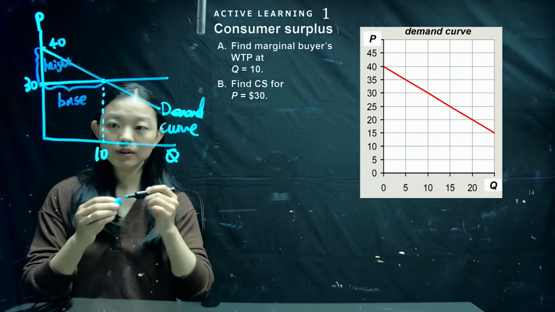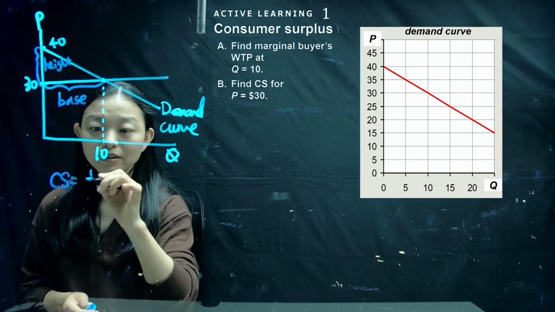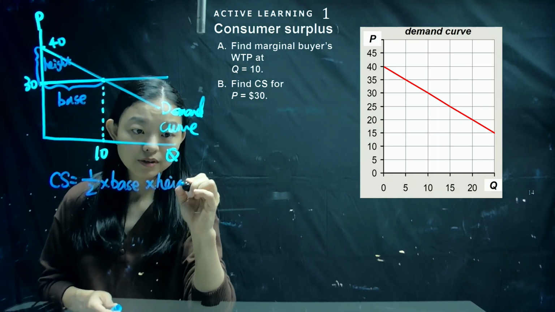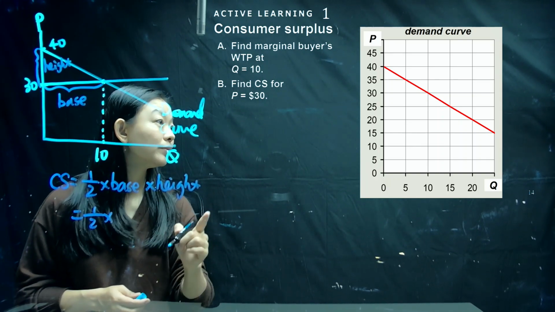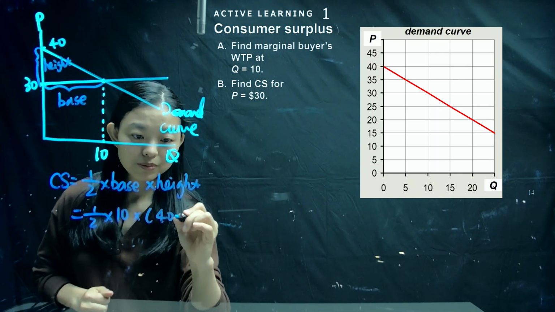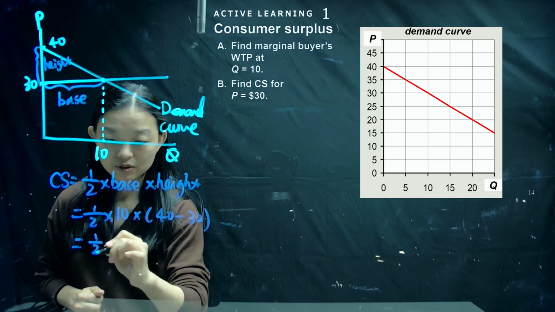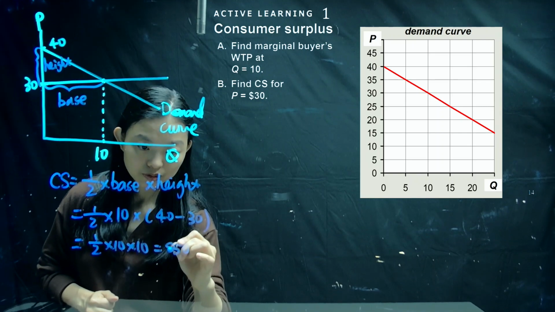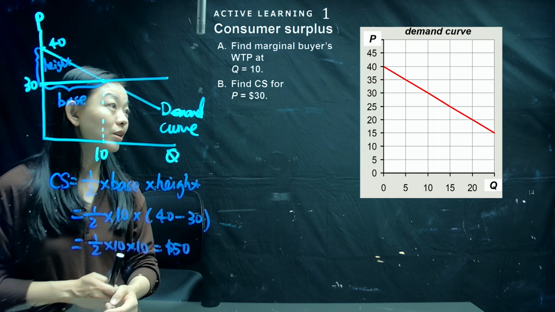Okay, so the consumer surplus here will equal half times base times height, right? So you use half times the base, which equals 10. And then what about the height here? 40 subtract 30. So totally, we get consumer surplus equals half times 10 times 10, which equals $50. Okay, so you can get the consumer surplus equal to $50.